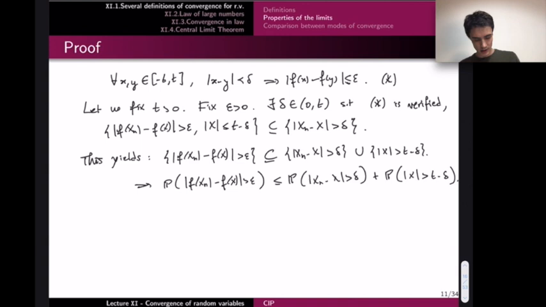I will need to prove that the first one goes to 0, and the second one does not depend on n, so it will not go to 0, but I can choose t as large as I want, so that this will be very, very small.